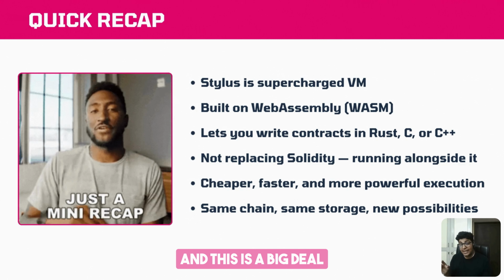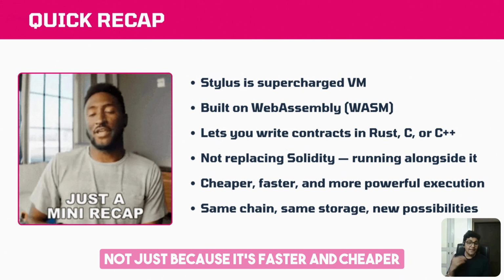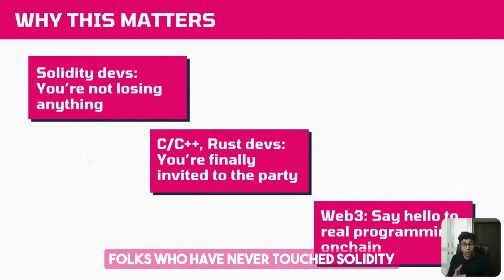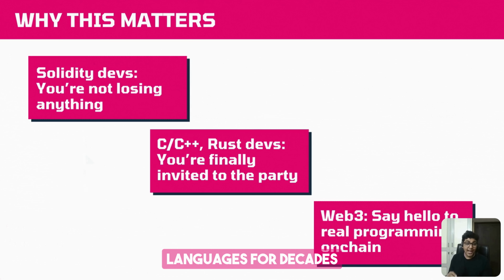And this is a big deal, not just because it's faster and cheaper, but because it opens up Ethereum-style development to a whole new group of developers. System programmers, embedded engineers, game devs, folks who have never touched Solidity but have been building in these languages for decades.